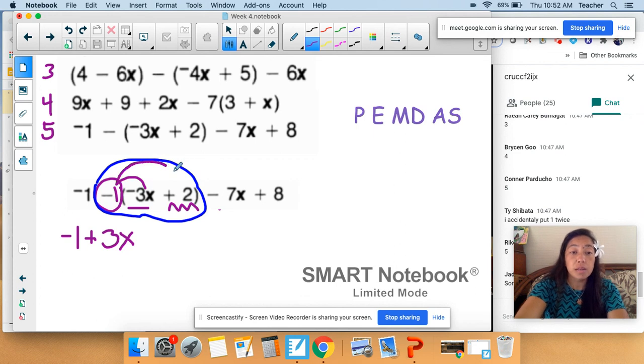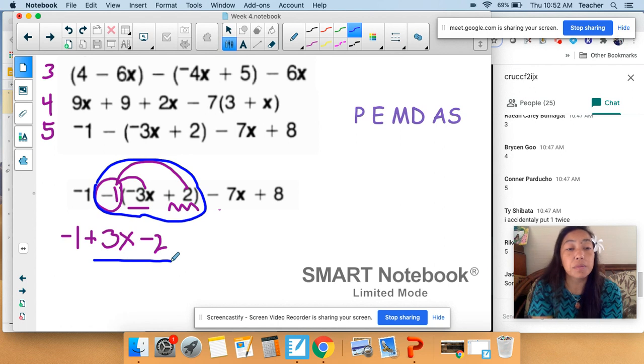Negative 1 times that 2 is thinking of what's the opposite of a plus 2. And the opposite of a plus 2 is a minus 2. That didn't work out so nice, but that's okay. Now that we have distributed that negative 1 into the parentheses, we have gotten plus 3x minus 2.